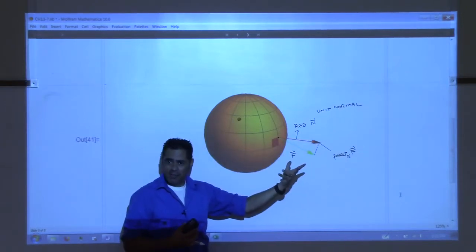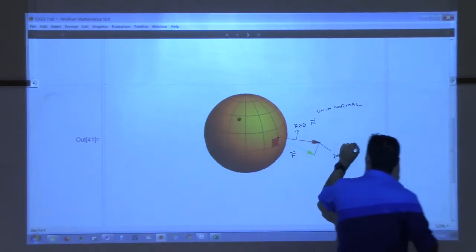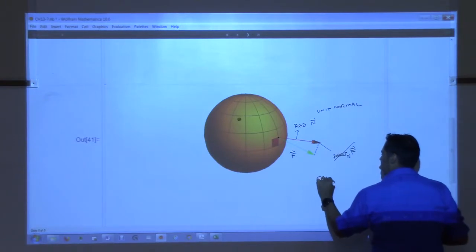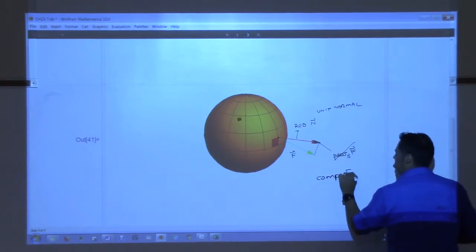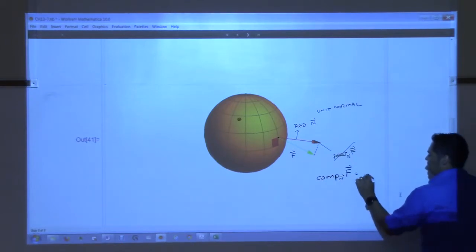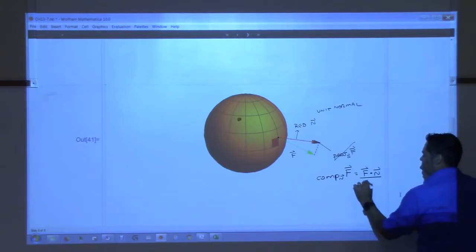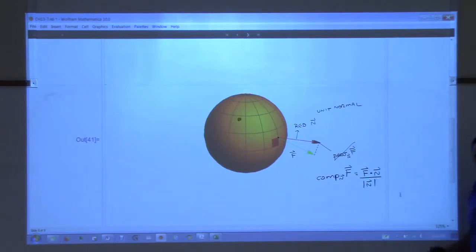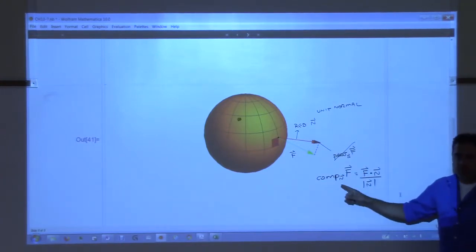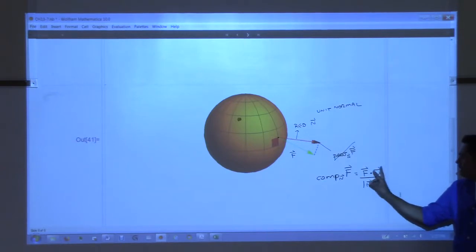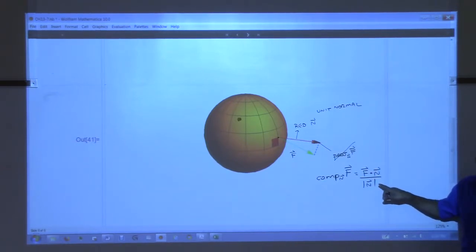Does that make sense? So we want the component of F onto N, which by definition is F dot N over the length of N. Section 10.7 told us that if you want to take the component of U onto V, it's U dot V or V dot U, doesn't matter which order, over the length of the vector you are projecting onto.